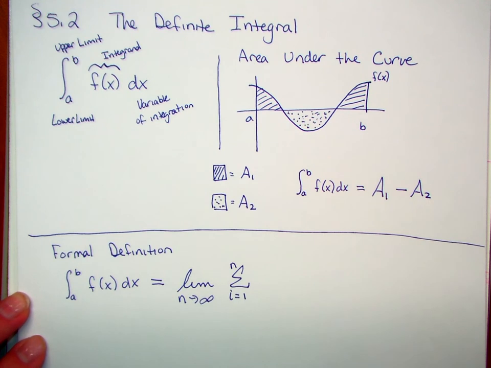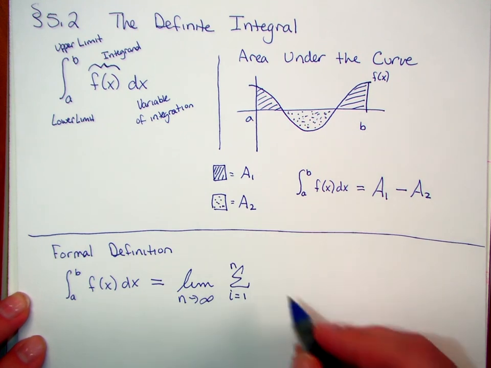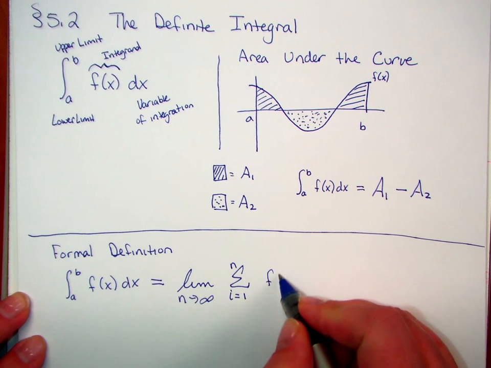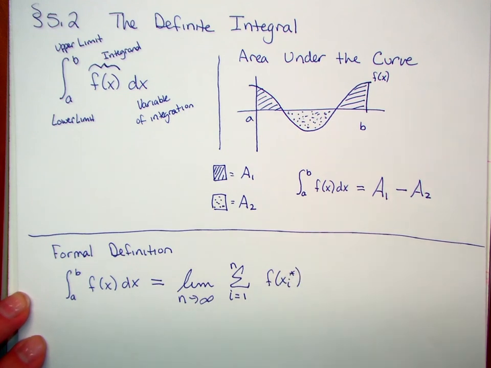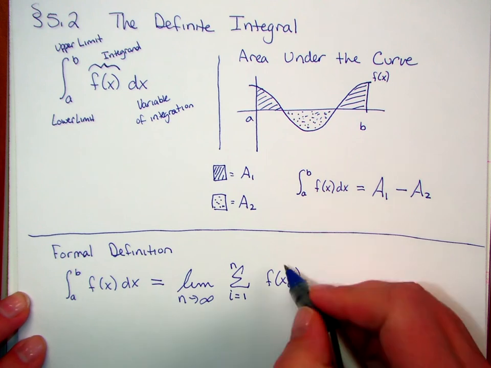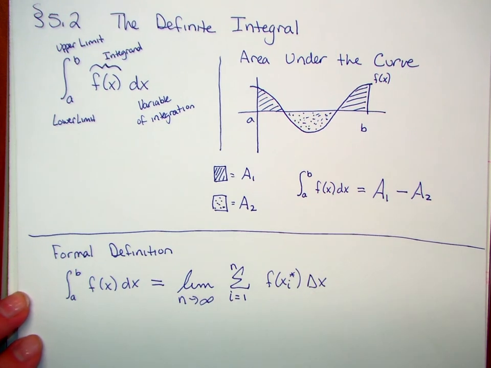All of our rectangles have a height and a width. The height of our rectangle is going to be the function evaluated at x sub i star, and the width of our rectangle is going to be delta x.